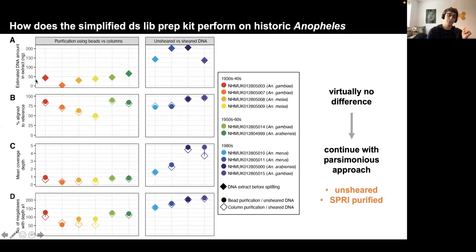And so the first plot is again just PicoGreen total DNA amount measurements. The really old samples with short DNA are all around 50 nanograms or below, while the really long DNA have also a lot of DNA. So if we look at the percent aligning to the reference genome, we see, first of all, that all of our samples are pretty good.